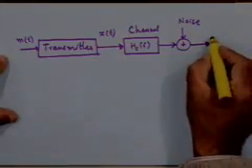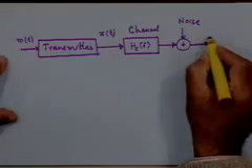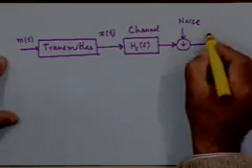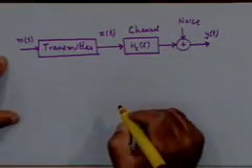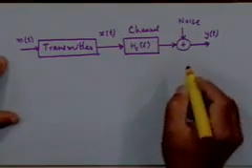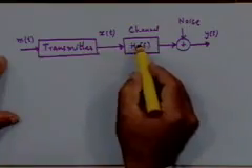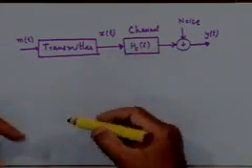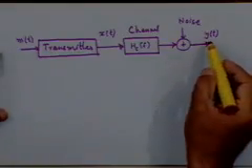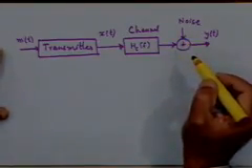So the received signal, suppose we were to call it y of t, contains the effect of transmission through this channel, this filtering that is effected by the channel, and some addition of noise.